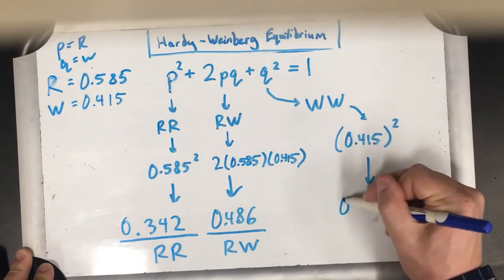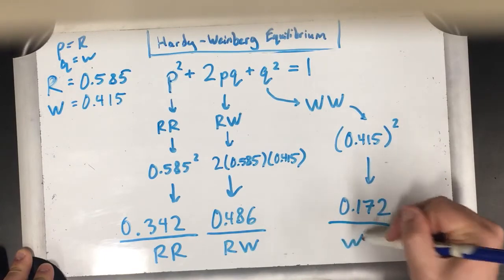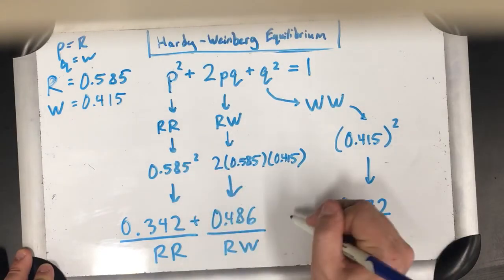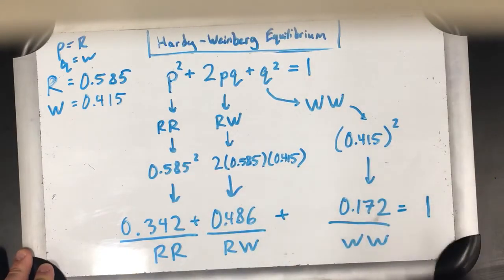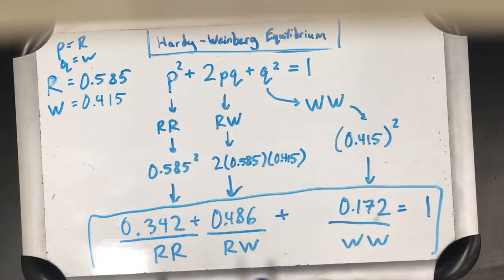What you get is 0.172. So if you add all these up, they equal 1. These are the expected ratios in a population of each genotype.